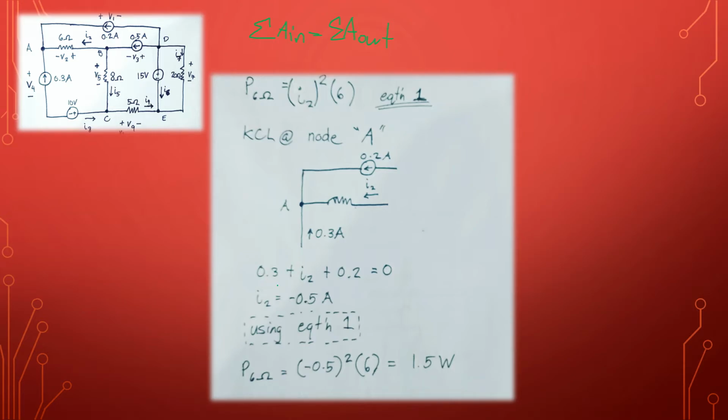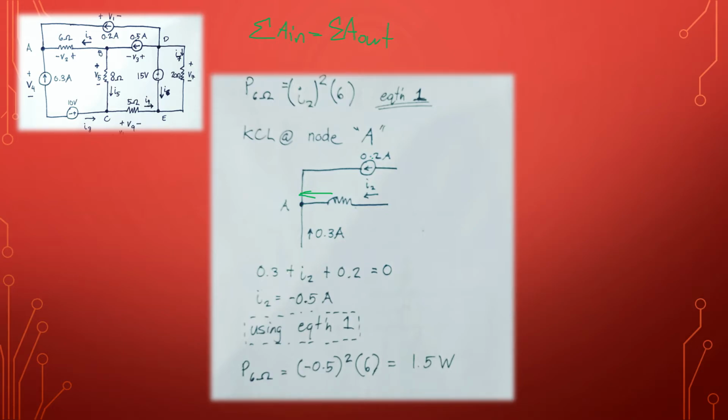We have 0.3 amperes going into our node, so that's positive. And we have current I2 also going into our node, so plus I2.